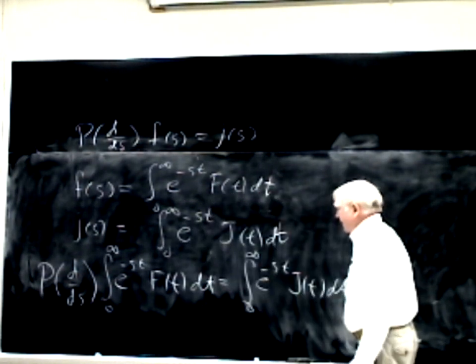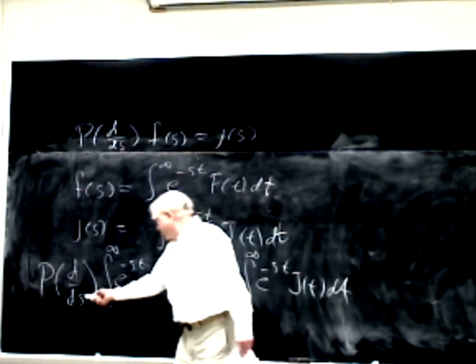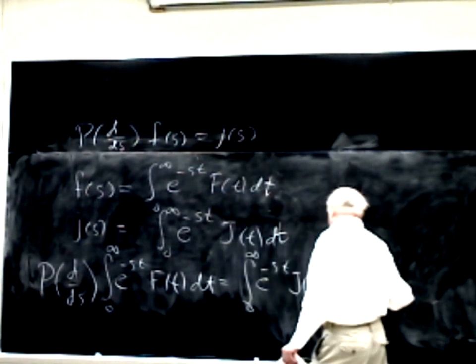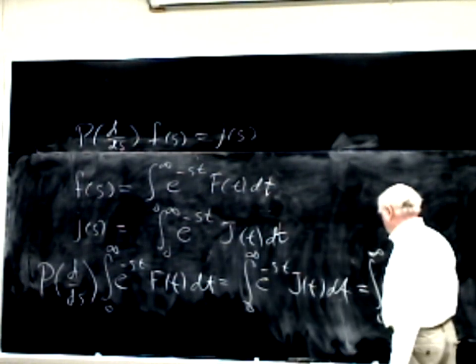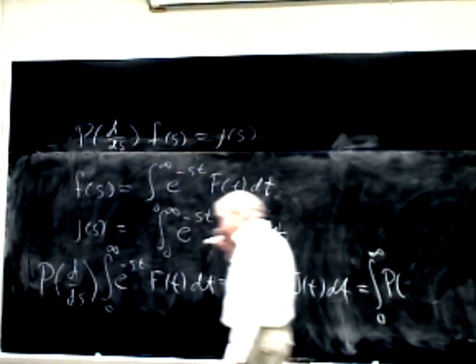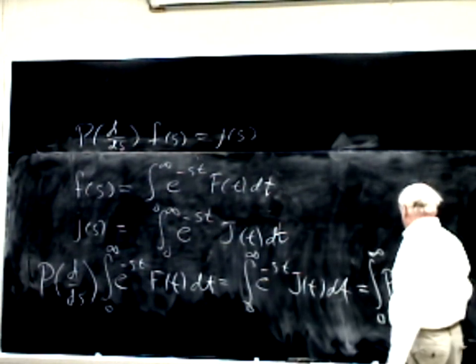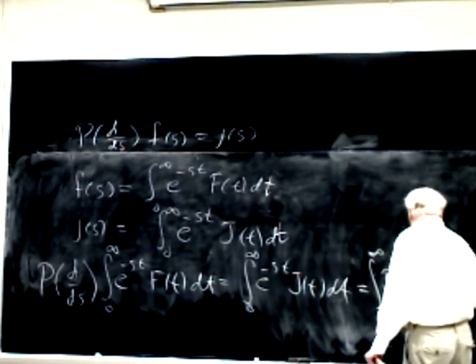And this left-hand side, since the derivative here just pulls down a minus t each time, means we have the equation integral from 0 to infinity of p of minus t times f of t e to the minus st dt.